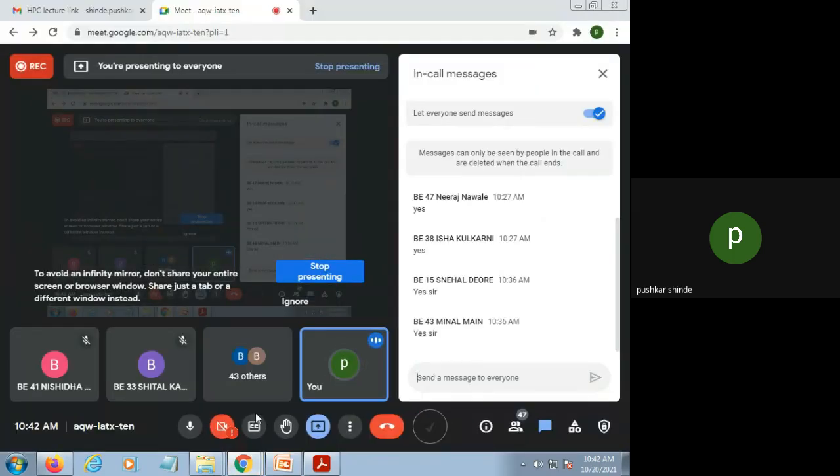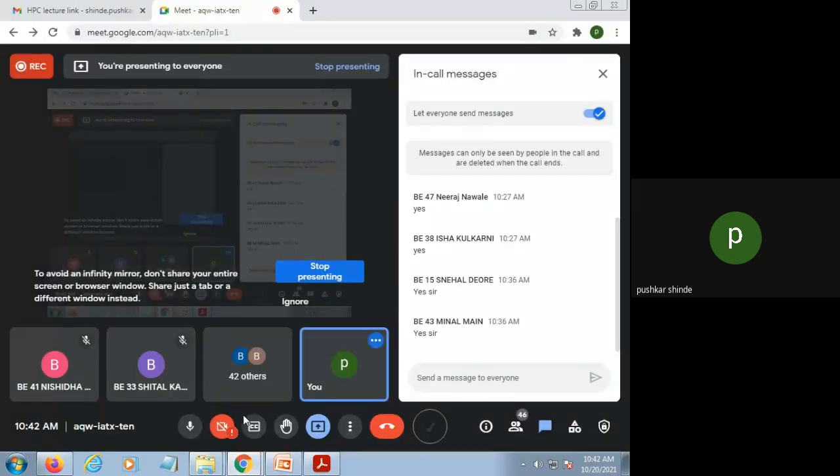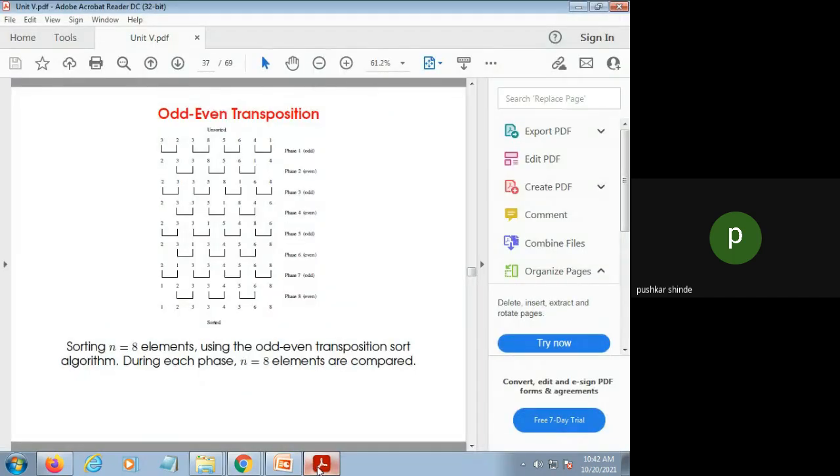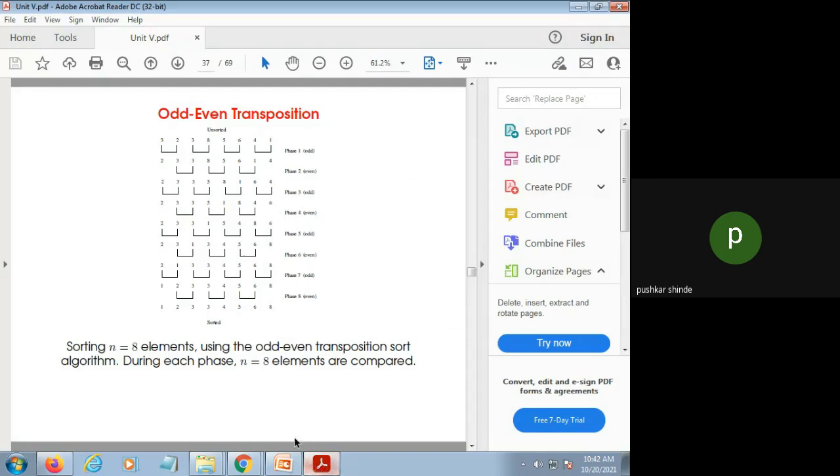Is the PDF visible, students? Yes, students, is the PDF visible? Okay, yes.